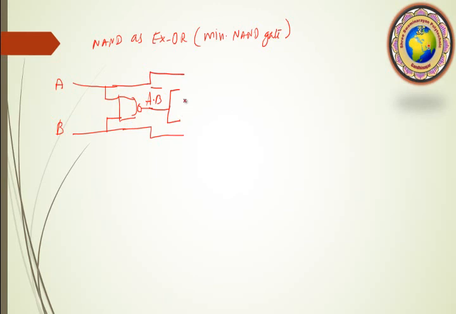Okay, and here I input another NAND gate, and in the same way here I use another NAND gate. This is A and this is B. So our output is (A dot (A dot B) bar) whole bar, and here (B dot (A dot B) bar) whole bar.